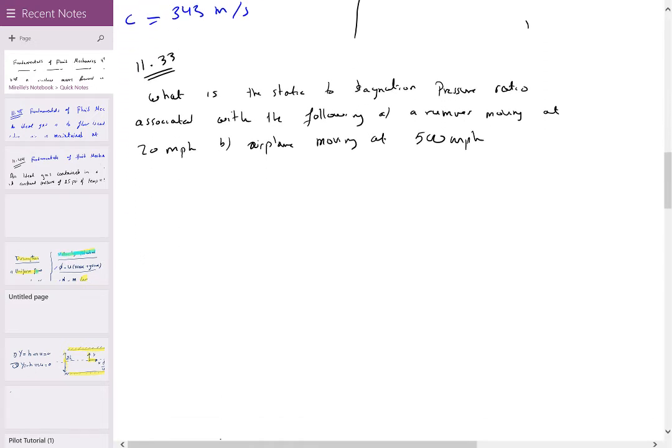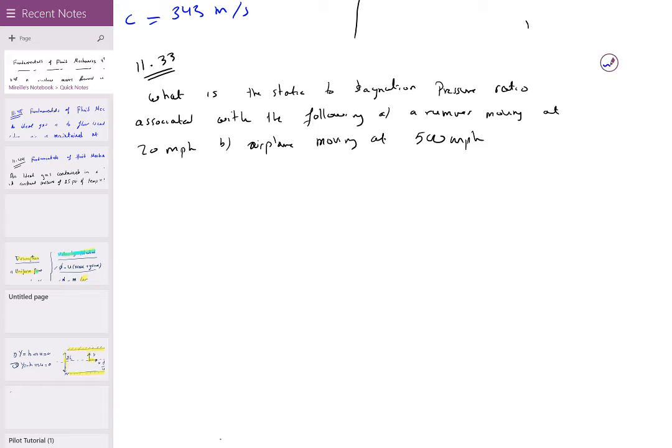Now, problem number 3. What is the static pressure to stagnation pressure ratio associated with the following: a runner moving at 20 miles per hour, an airplane moving at 500 miles per hour. In order to solve this problem, we must use our formula sheet and the relation of the pressure at stagnation related to the pressure at any point. You should not be studying this by heart.